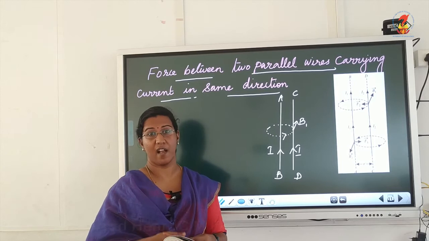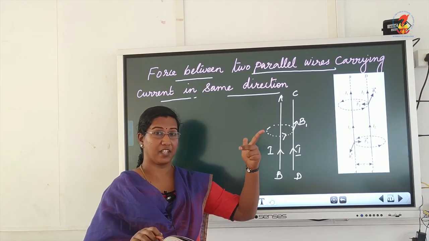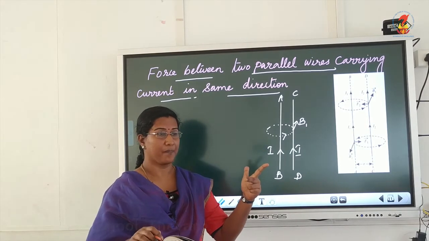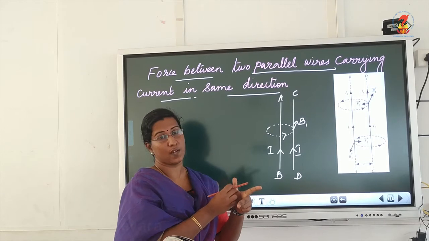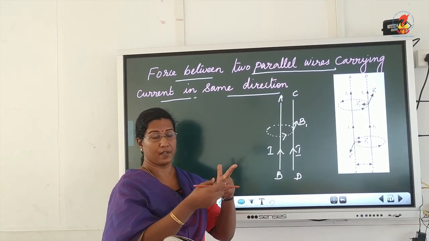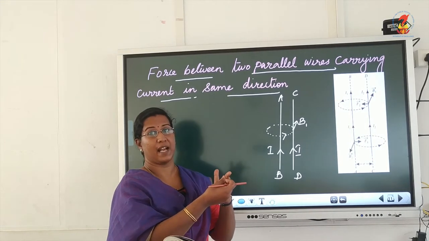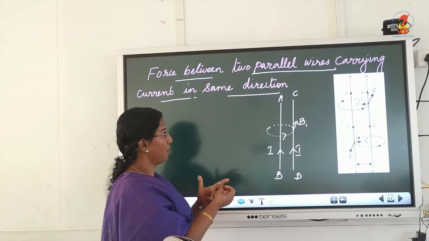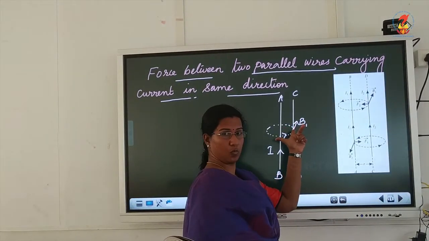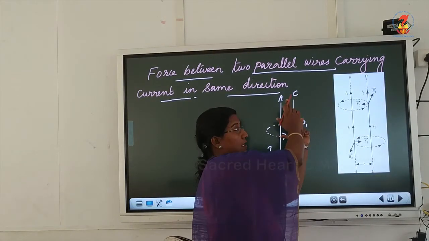For that you use Fleming's left hand rule. Stretch your middle finger, forefinger and thumb in three mutually perpendicular directions, where the thumb represents the direction of force, the middle finger represents the direction of current, and the forefinger represents the direction of the magnetic field. Now if you look here, my field is going into the board and current is going in the upward direction.